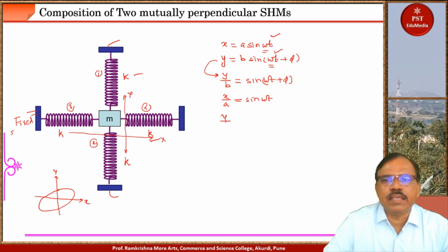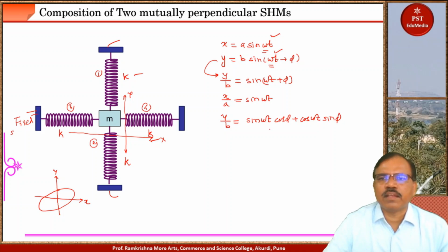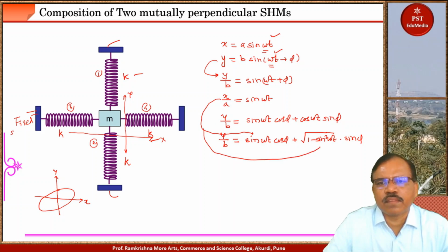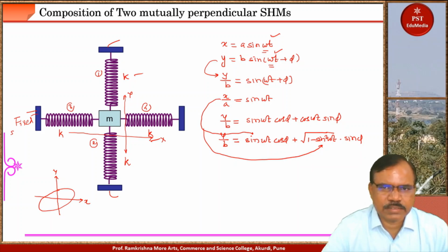Now y by b you can write sine omega t cos phi plus cos omega t sine phi. And so you can write y by b is equal to sine omega t cos phi plus root of 1 minus sine square omega t multiplied by sine phi. And now use this here and here and solve it, rationalize and solve it.